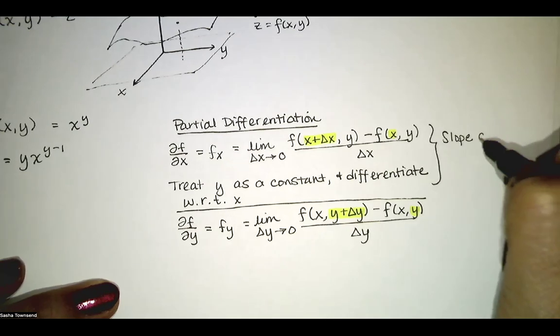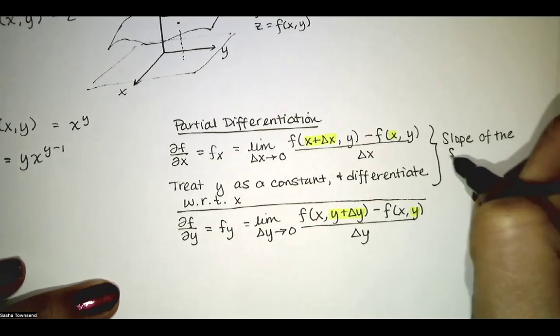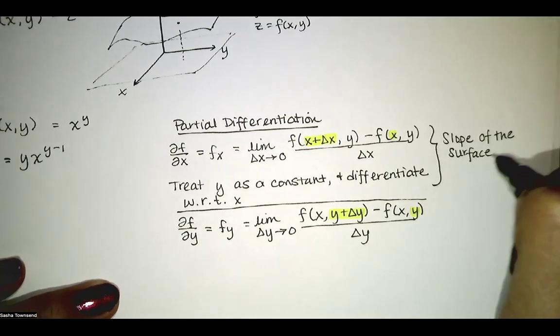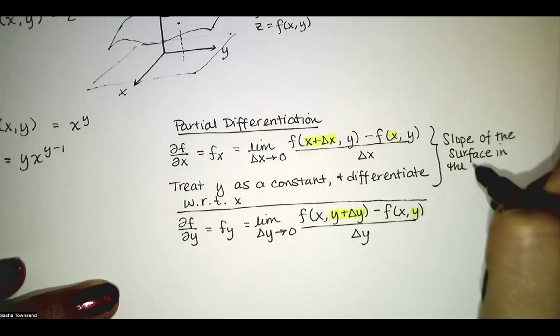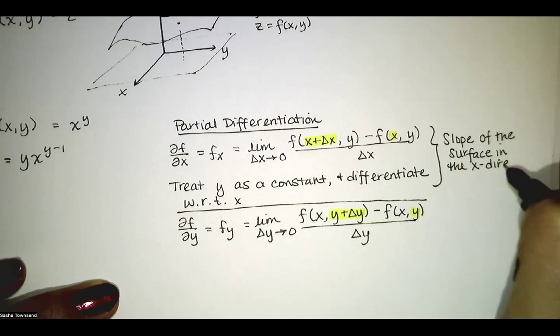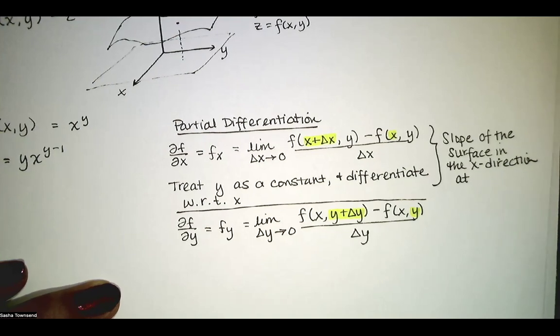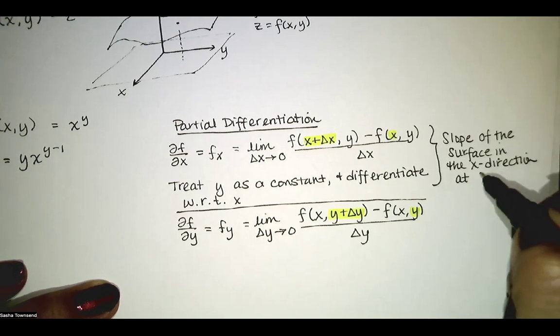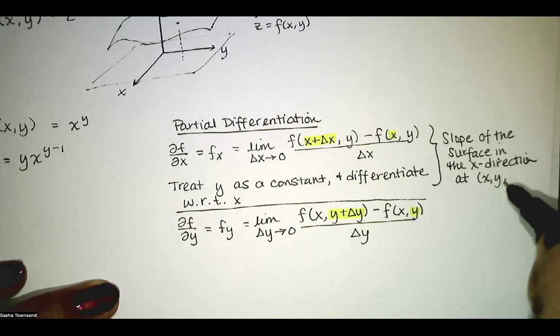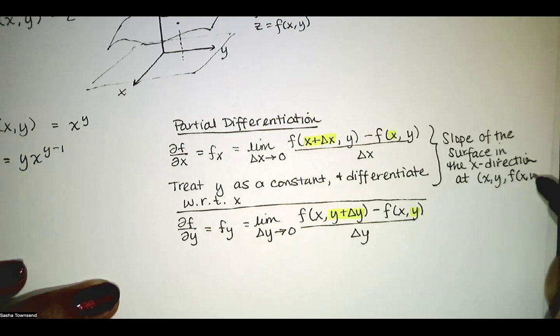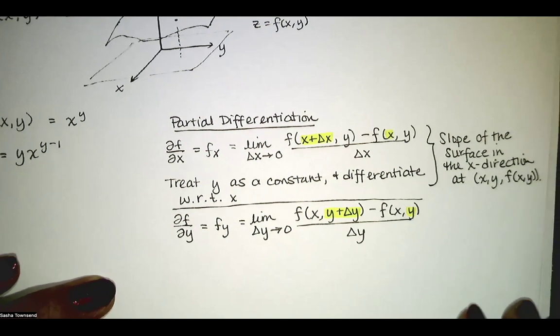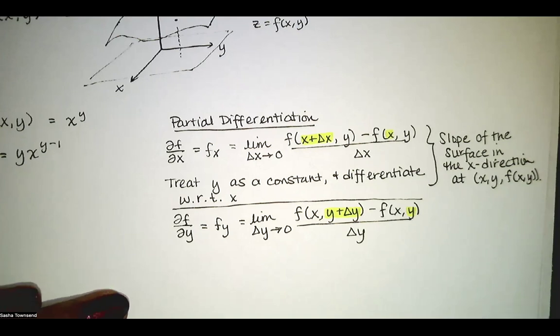So we'll call this the slope of the surface. So it'll be at x, y, and z, which is f of x and y. You can find that slope that way.